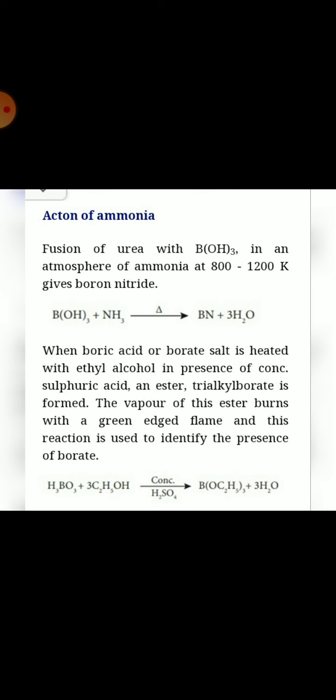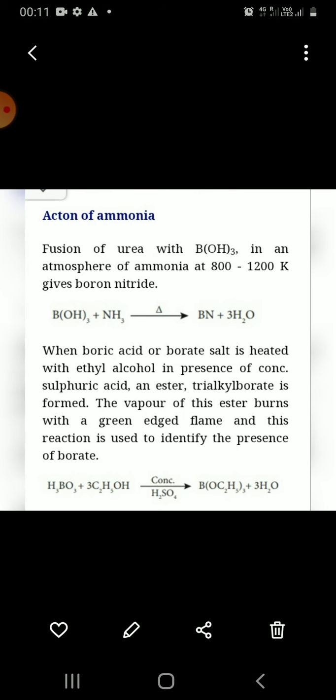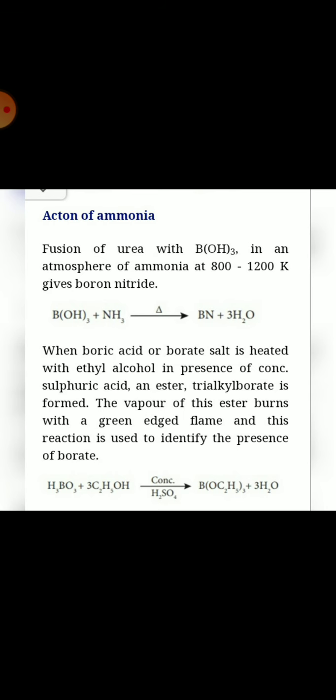Another reaction: when boric acid or a borate salt is heated with ethyl alcohol, a trialkyl borate ester is formed. The vapor of this ester burns with a green edged flame, and this reaction is used to identify the presence of borate.